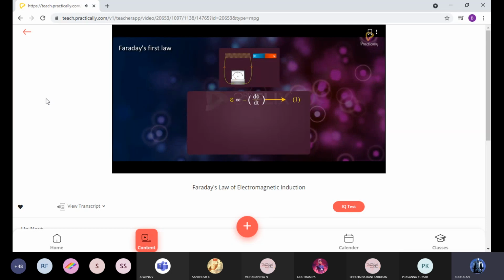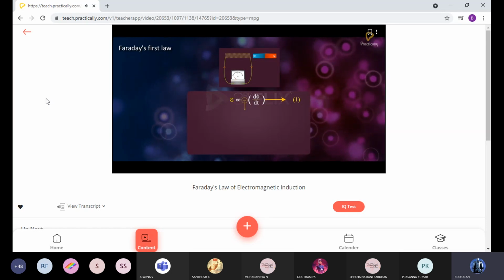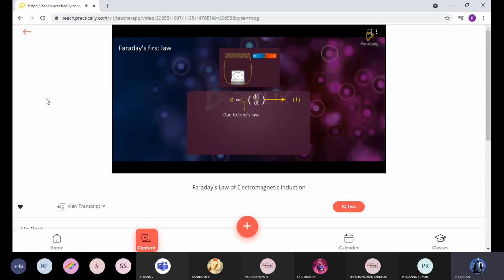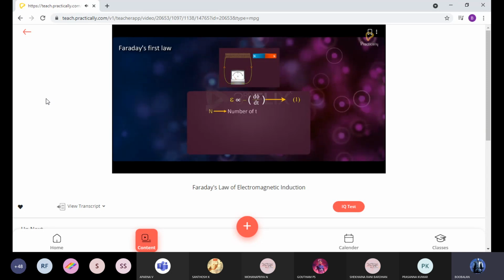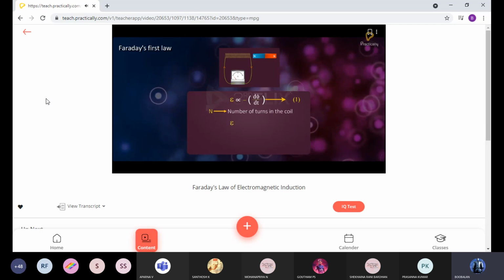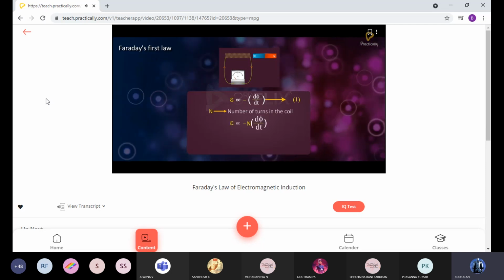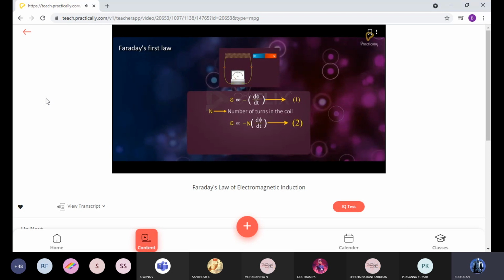Say equation 1. The negative sign is due to Lenz's law. If N is the number of turns in the coil, then epsilon is proportional to minus N d phi by dt. Say equation 2.